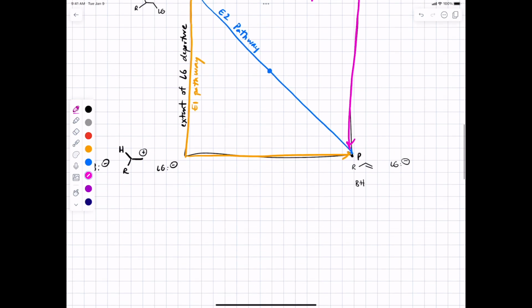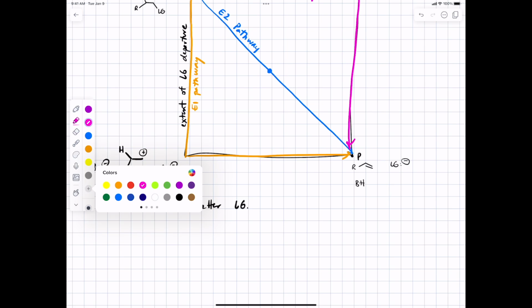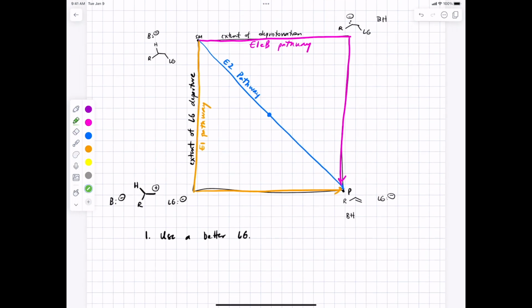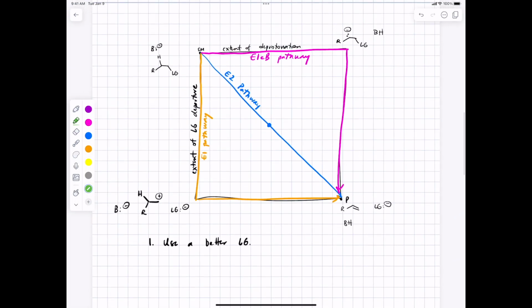Let's say we use a better leaving group. We want to highlight all of the times where the leaving group has left in either of these corners. So I see a leaving group here and there.